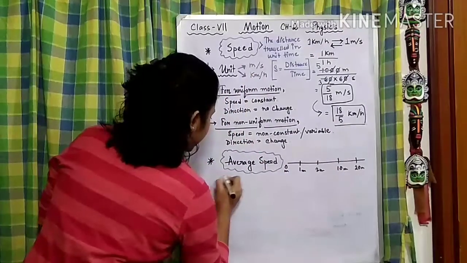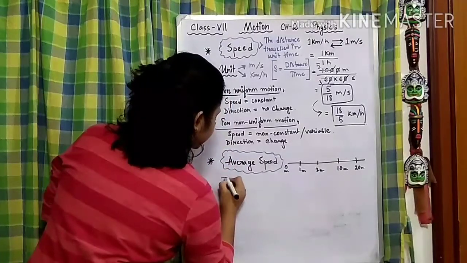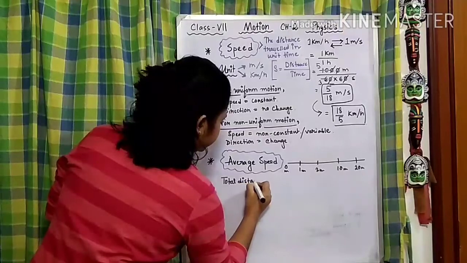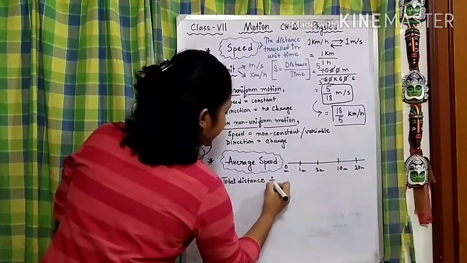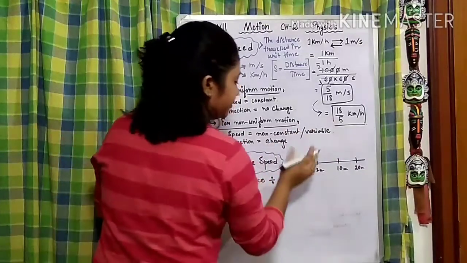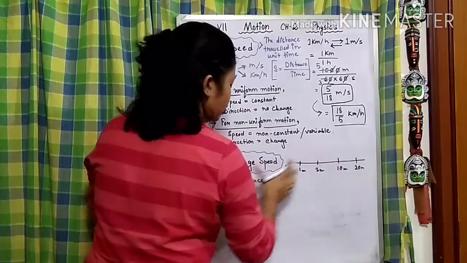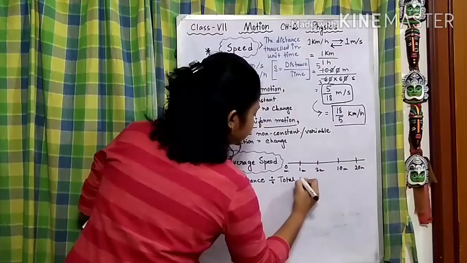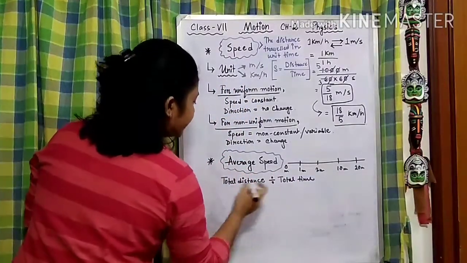So average speed is total distance divided by total time, the time taken for traveling this much total distance. Okay, so how can we explain this?